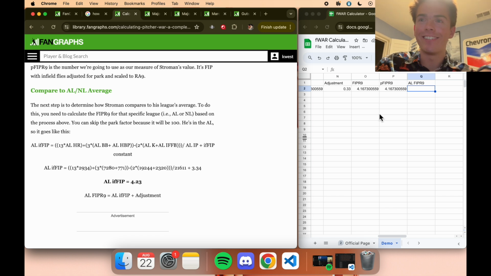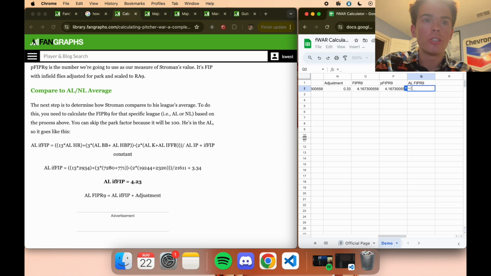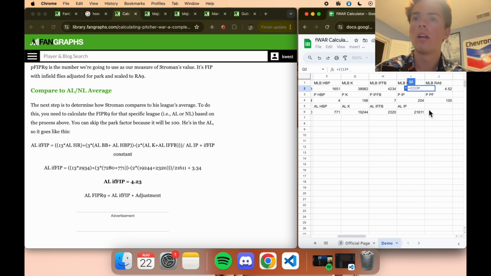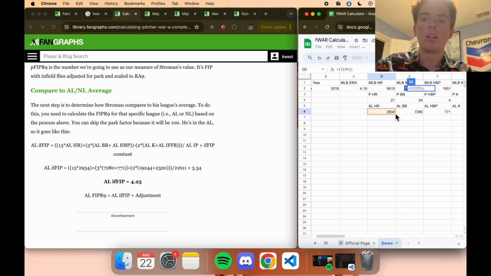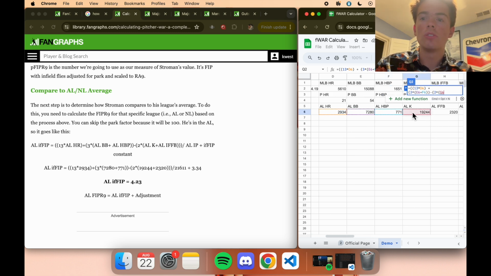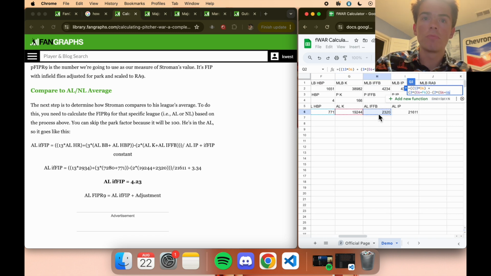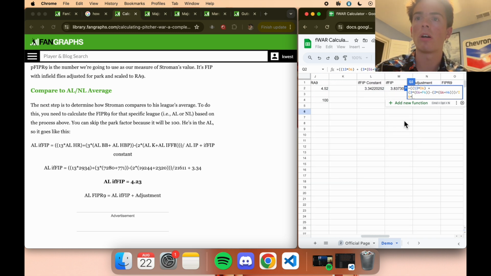I don't remember the formula, so just tune it back in here. Parenthesis 13 times AL home runs plus 3 times AL walks plus AL hit by pitch minus 2 times AL strikeouts plus AL infield fly balls, parenthesis, divided by AL innings pitched, plus, once more, we're adding the infield FIP constant.